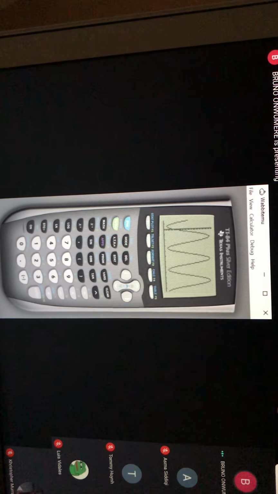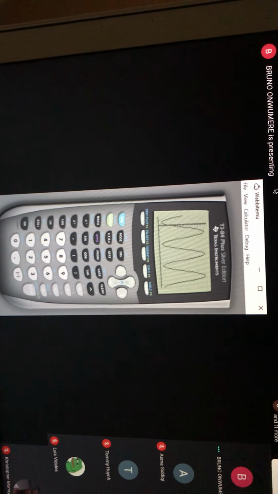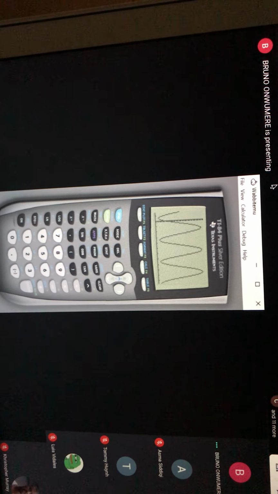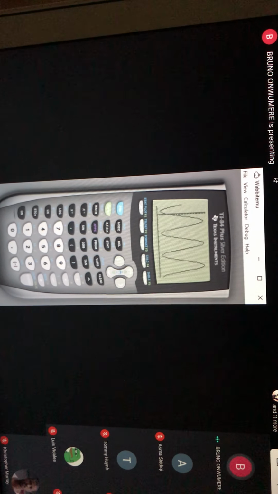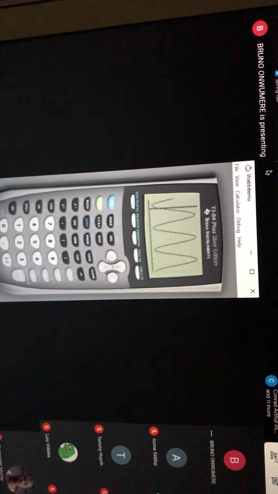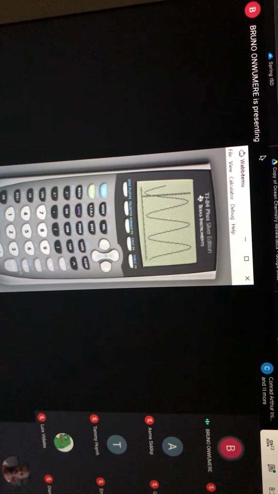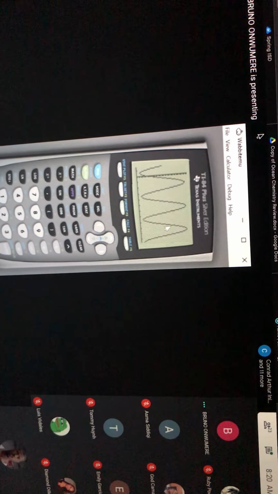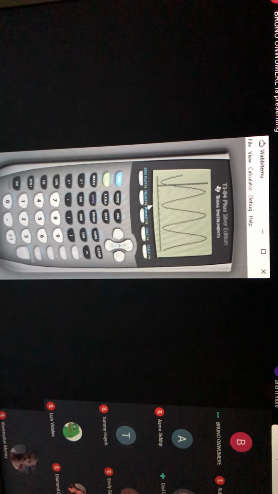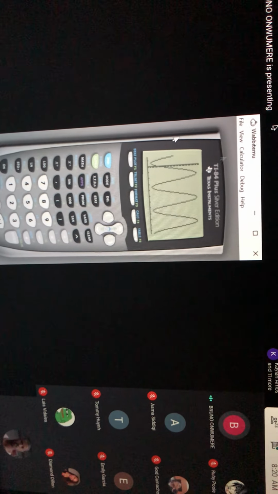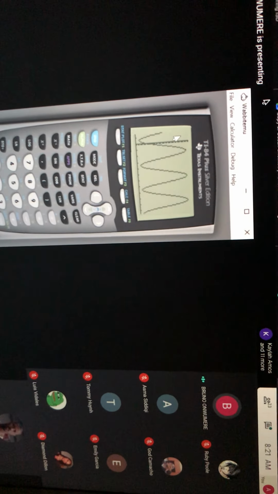Can people at home see the two calculators? Hello, people at home. Can you see the two calculators or you only see one? You don't see the yellow one, right? You see the black and white or the gray? Okay, good. I'm going to do it from the one everybody can see.